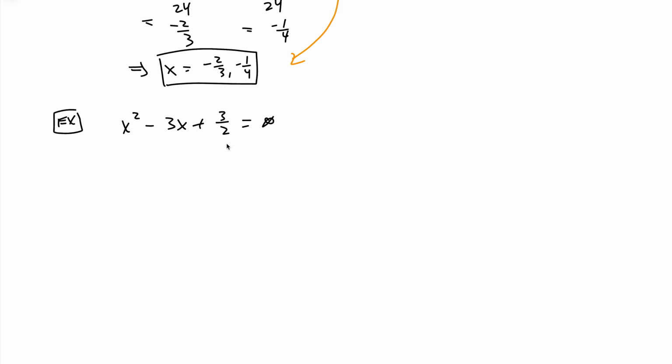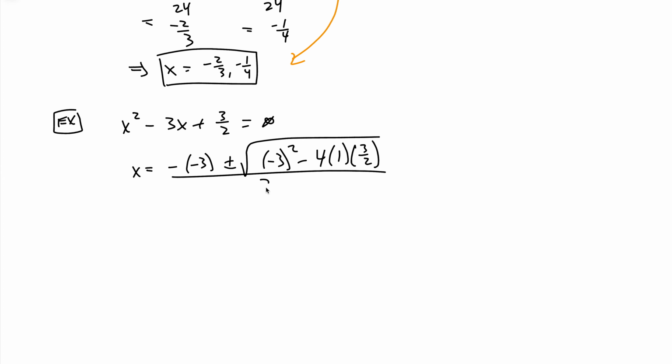We can still plug into the formula. So here we go and say, okay, let's try the quadratic formula. Negative b, negative negative 3, plus or minus the square root of b squared minus 4ac, all over 2 times a. Remember, a here is 1, the coefficient in front of x squared is 1. So that's our a. We go ahead and simplify this.